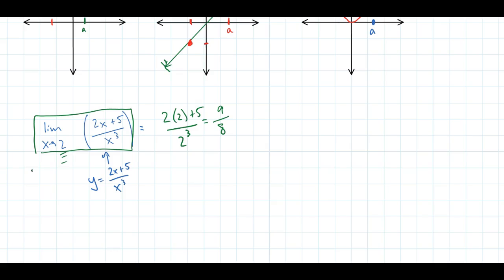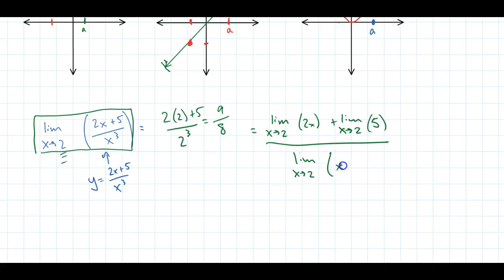Now, something that could be done with this expression. The limit is kind of sneaky. It can get into a lot of stuff here. I could rewrite that limit as the limit as x approaches 2 of 2x plus the limit as x approaches 2 of 5 divided by the limit as x approaches 2 of x cubed.